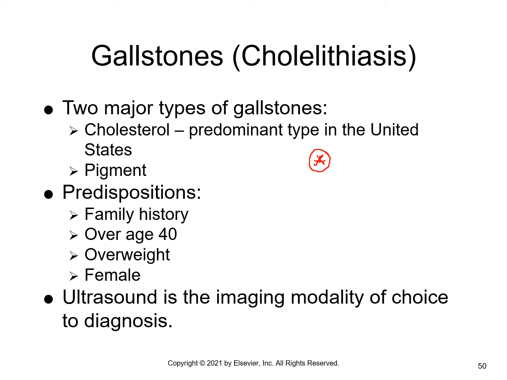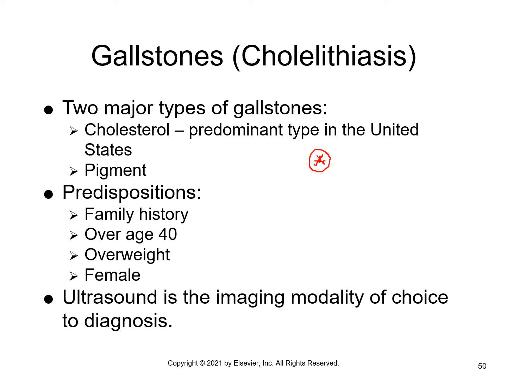If they're having lots of gas, that makes them more likely to have stones. Fair means if you're pale skinned, you're more likely to have stones. I think I missed one, but those are our predispositions. Those are our classic gallbladder patients. It doesn't mean it's the only people that get gallstones, but it's our classic.